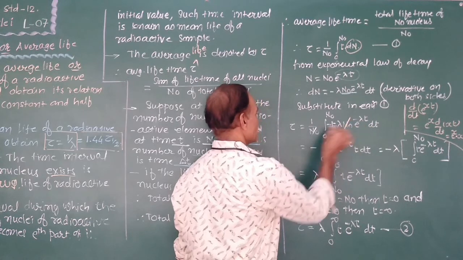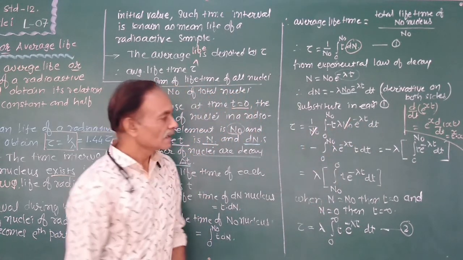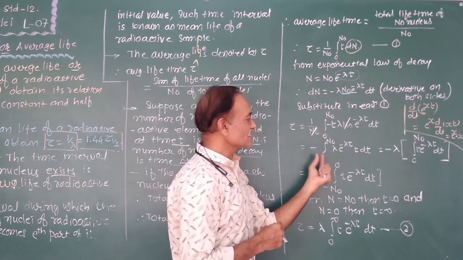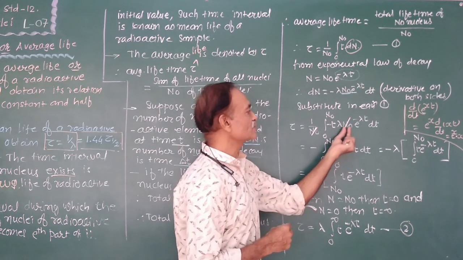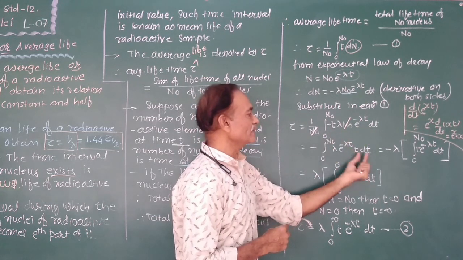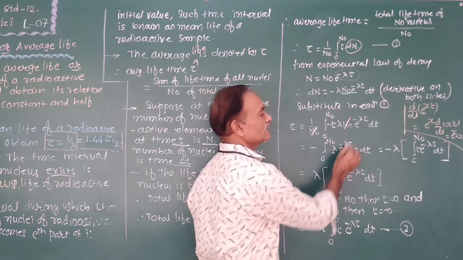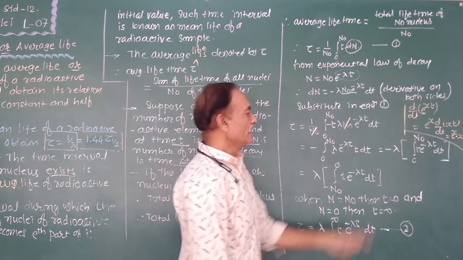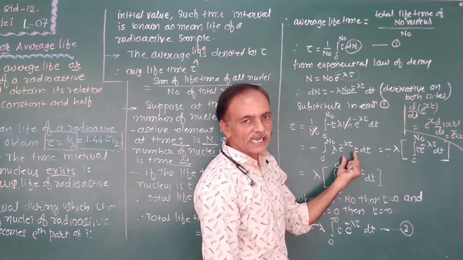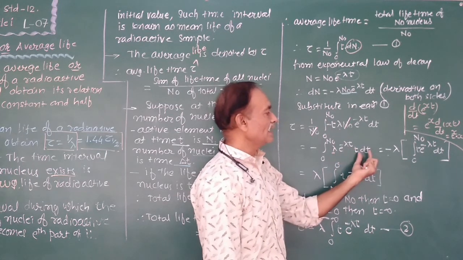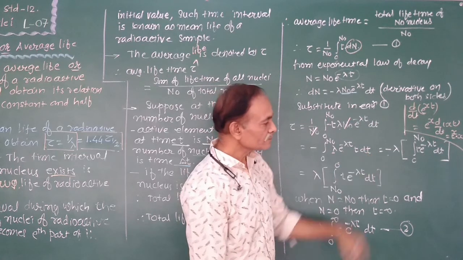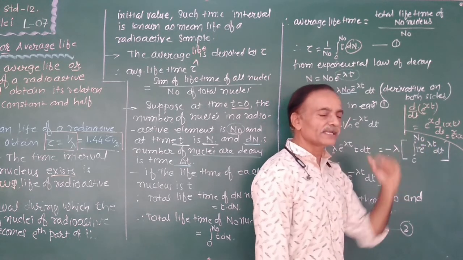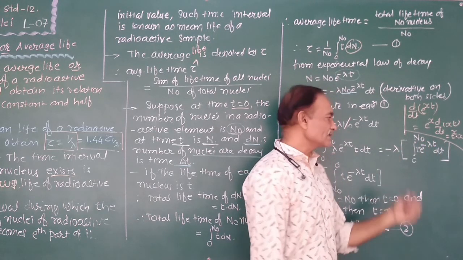This n0 cancels with the other. Therefore, tau is equal to minus sign taken out, integration 0 to n0 of lambda t e to the power minus lambda t dt. Lambda is taken out because the right-hand side is now a function of t and the variable is also t. So tau is minus lambda times the integration 0 to n0 of t e to the power minus lambda t dt.